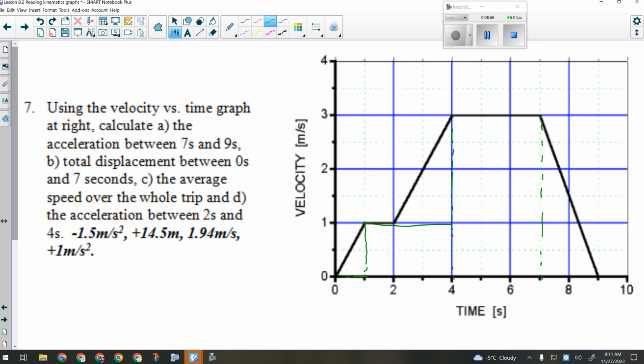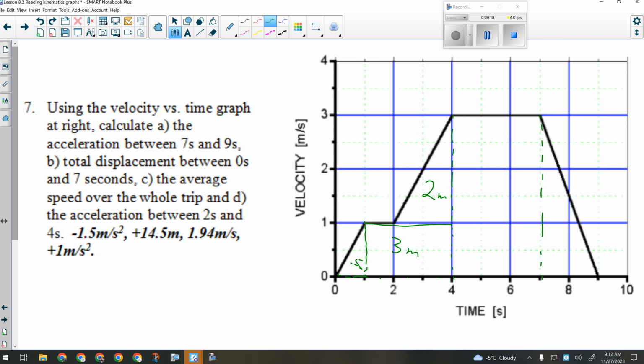Okay, so for this first triangle here, base of 1, height of 1, 1 times 1 is 1, divided by 2 is 0.5 meters. This rectangle here is 3 on the base and 1 high, so that's 3 meters. This triangle here is 2 high by 2 on the base. 2 times 2 is 4, divided by 2 is 2 meters.